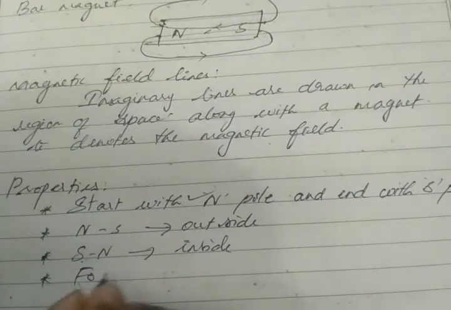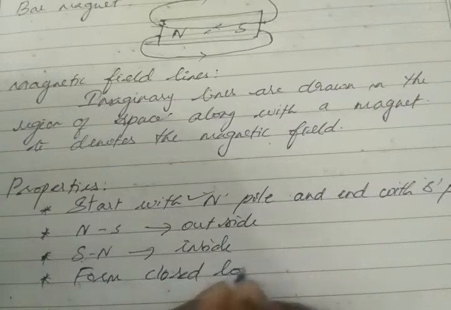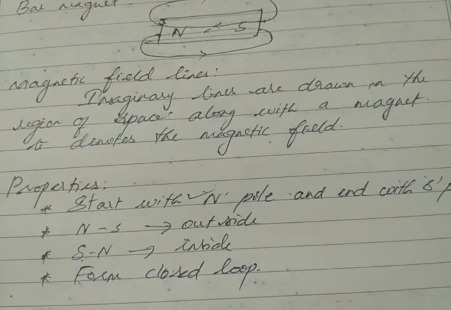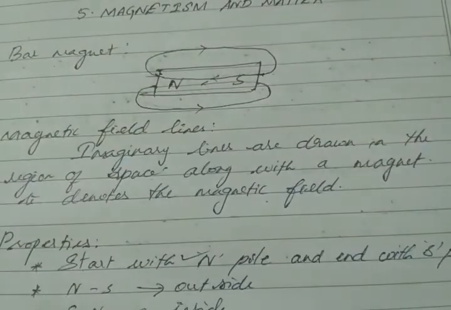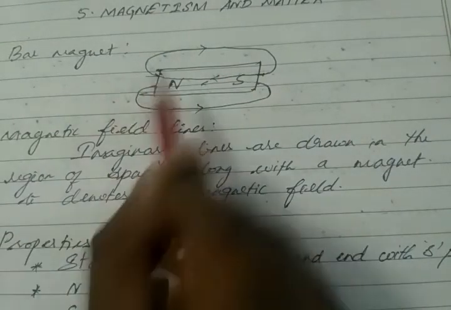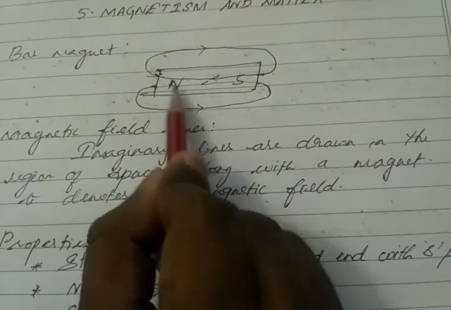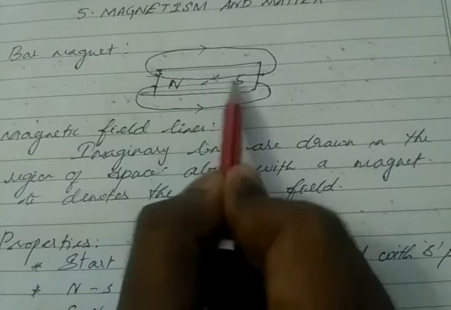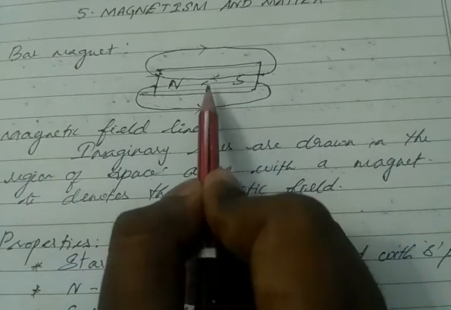So it forms a closed loop. Why do we say it is a closed loop? Because it forms a complete circle, right? Outside, the magnetic field line starts from north to south. So here the north pole behaves as a positive charge, the south pole behaves as a negative charge, right?